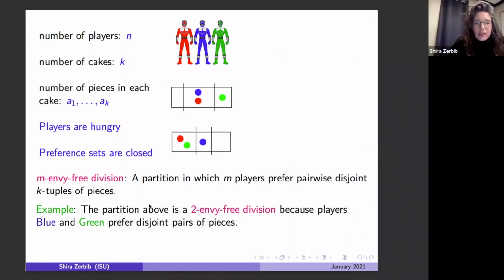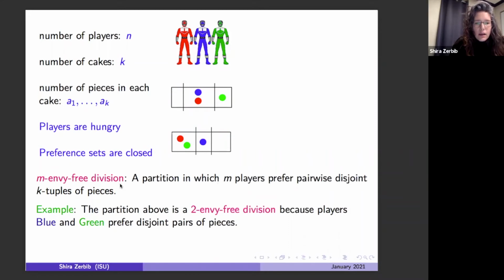Okay, thank you. So now we define the notion of m envy-free division. An m envy-free division is a partition of the k cakes into A1 pieces in the first one, A2 pieces in the second one, and so on, Ak pieces in the last one, such that we can find m players that prefer pairwise disjoint k-tuples of pieces in this partition.